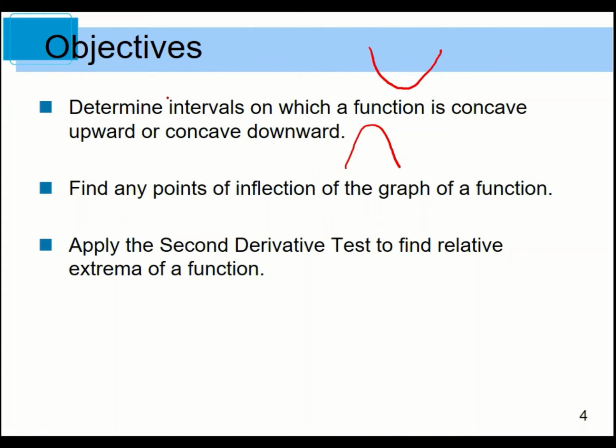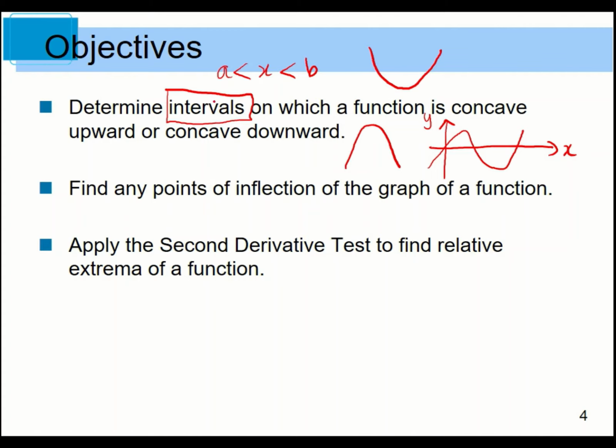We want to find the interval. What is an interval? Interval refers to the values of x. When we have x from a to b, we say this is the interval of x. When we have a graph like this, we want to find out from what point to what point the graph is concave upward, and from what point to what point the graph is concave downward.